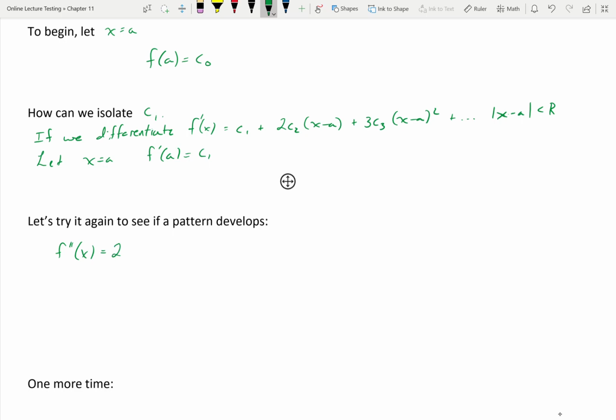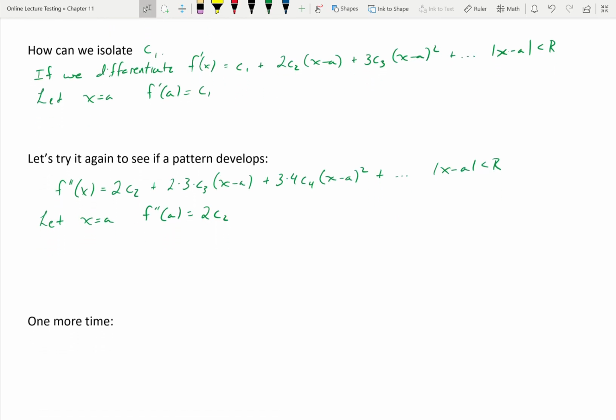So I get 2c2 plus 2 times 3 times c3 times (x minus a) plus 3 times 4 times c4 times (x minus a) squared, plus so on. Again, its radius of convergence is maintained. If we let x equal a again, then f double prime of a is equal to 2c2.